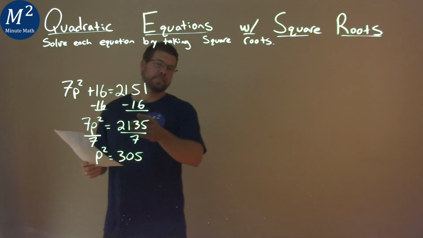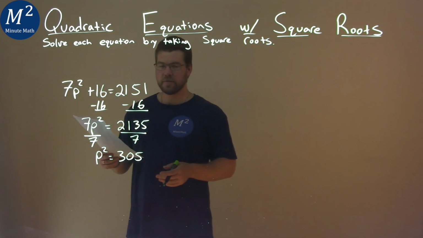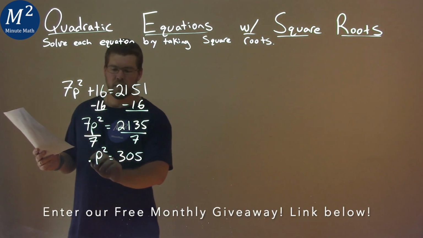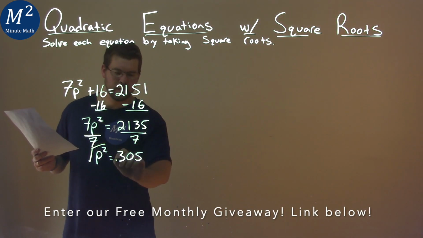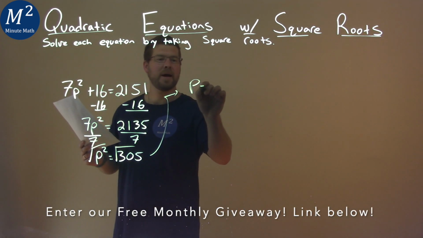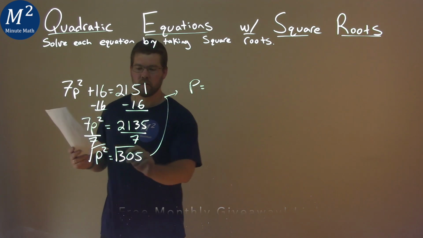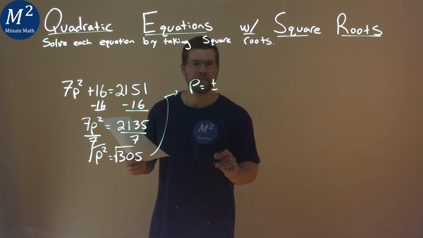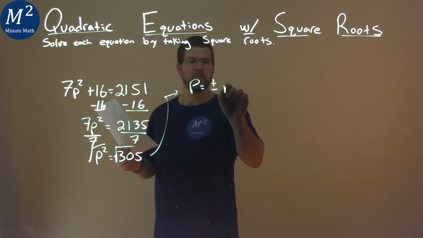All right, p squared equals 305. How do we get rid of the square? We have to take a square root. Hence, this problem. Square root of both sides, let's put it up here. P is now by itself. And when we take the square root of both sides of the equation, we have to do plus or minus. So we have plus or minus square root of 305.